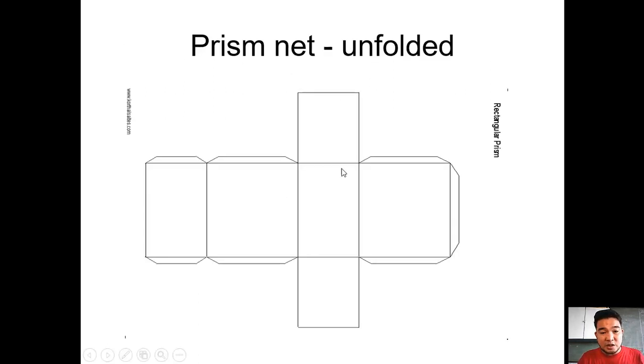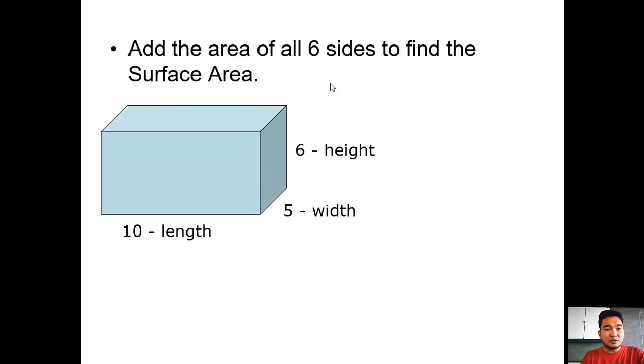Prism net unfolded. So pag halimbawa meron tayong prism net at in-unfold natin yon, ganito ang magiging itsura niya, no? So ito yung pinakababa, ito yung base 1 natin, and this is our base 2. Okay? Tapos ito naman yung magkatapat na side, yung nasa front, yung nasa back, then ito yung nasa sides, 2 sides. So rectangular prism. Pag in-unfold. Okay. So add the area of all 6 sides to find the surface area.